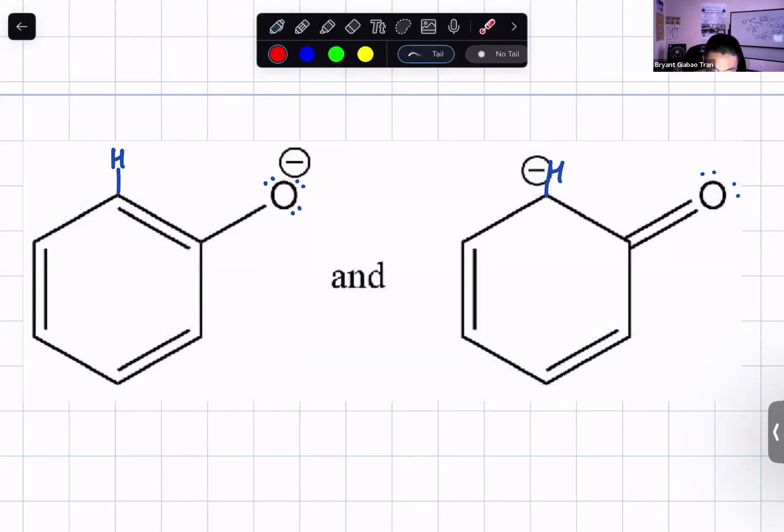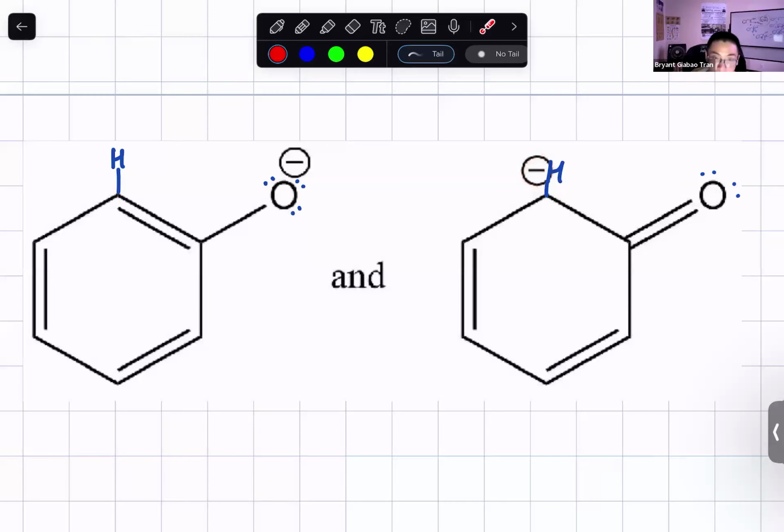Isn't there 2 there? No, there's only one because we can't add another invisible hydrogen out of nowhere. It would be 2 if it were neutral, but this is not neutral, because there's a negative charge on the carbon.